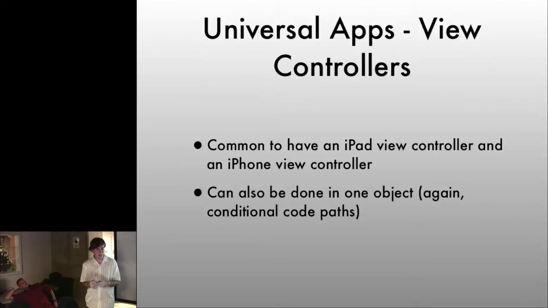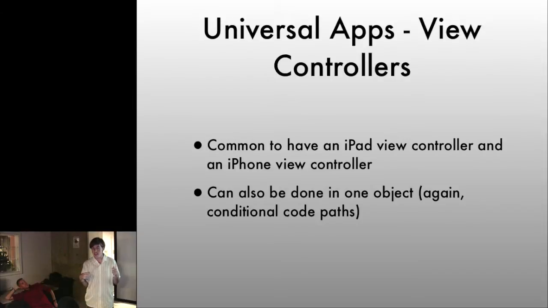View controllers, we'll talk about these more next week, I believe, toward the end of next week. But again, they're just a controller that manages a view. It's pretty common to have a view controller for an iPad version and another view controller for the iPhone version, because, again, a lot of times the interface is very different. So having one giant conglomeration of a controller doesn't make a lot of sense, because the interface is going to be different to that controller.